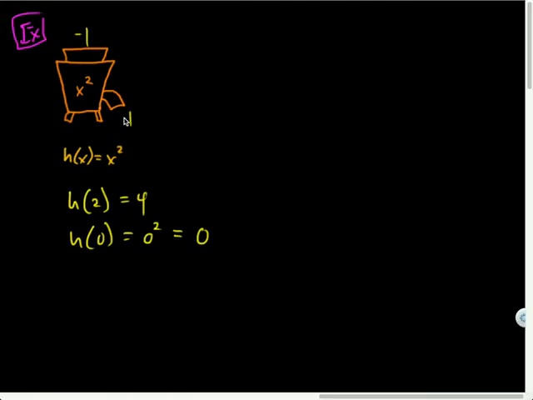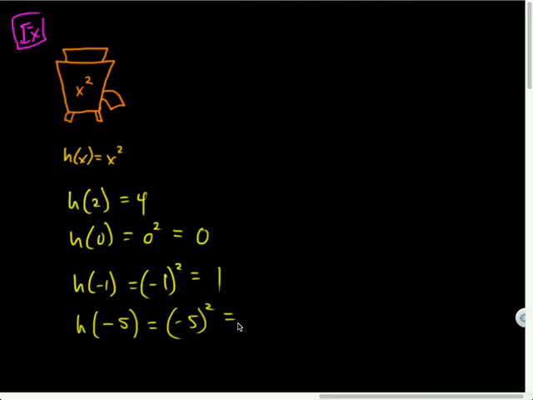Because -1 all squared is +1, so h of -1 is (-1) squared, +1. Not that bad. And then what if I want to figure out h of, I don't know, -5 or something? -5 squared. What's that going to give us? 25? Yeah. Negative 5 goes in, 25 pops out.